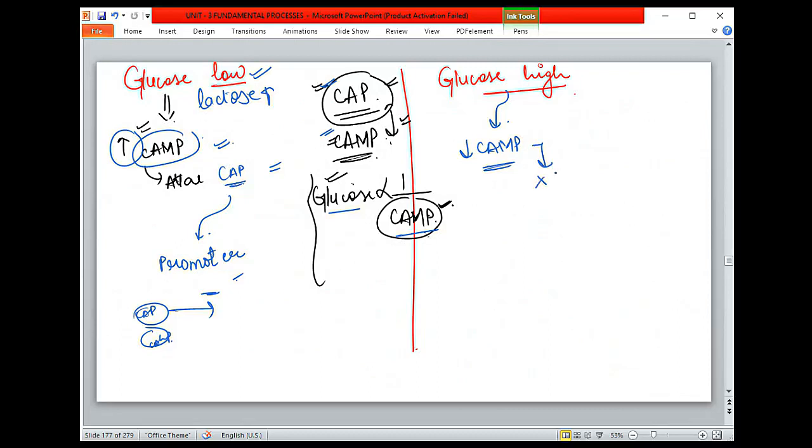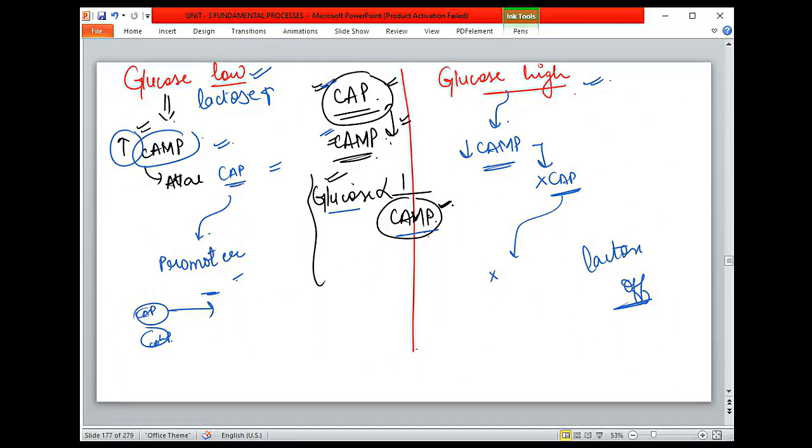It won't be able to activate or join to CAP. They won't bind to their attachment site on the operon, and hence the lac operon would stay turned off, because your glucose levels are high. Simple. Very, very simple. You just have to understand all of these things.